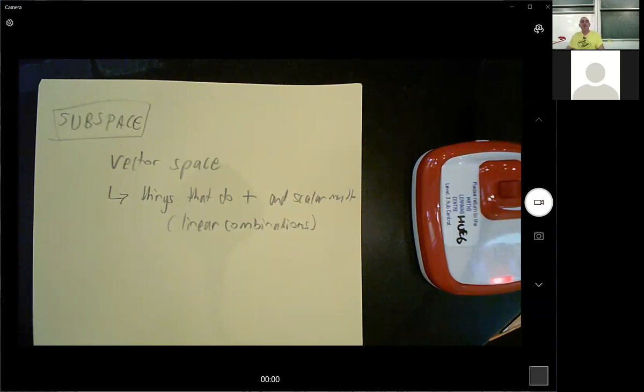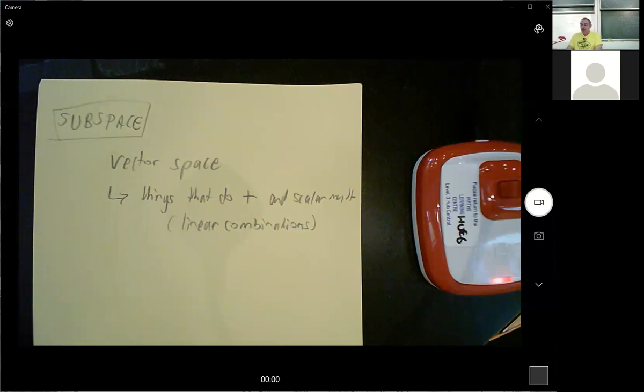You start going, functions, I can add them and multiply them by scalars. I'm going to call them vectors. Matrices, I can add them together and multiply them by scalars. I'm going to call them vectors. And the reason you would do that is you'd borrow all this stuff you know about vectors and know new things about functions and matrices.